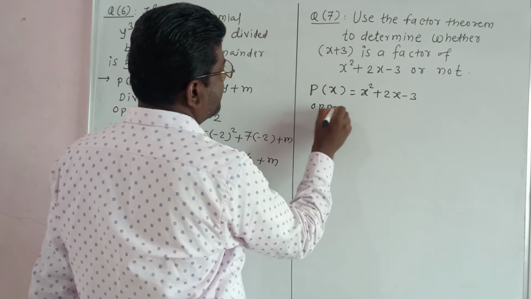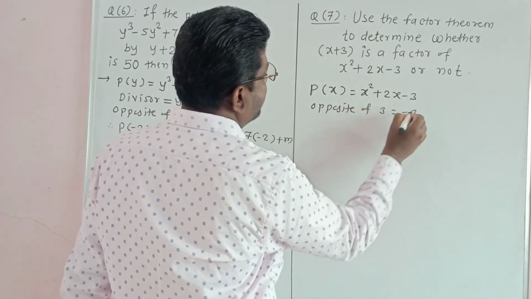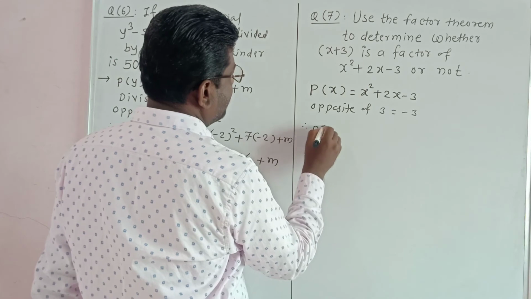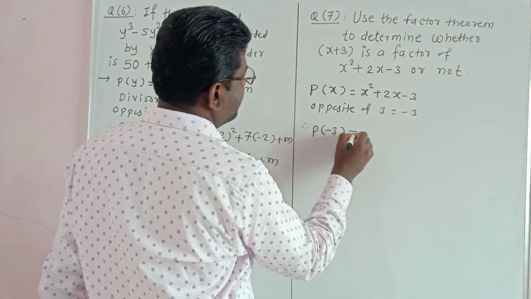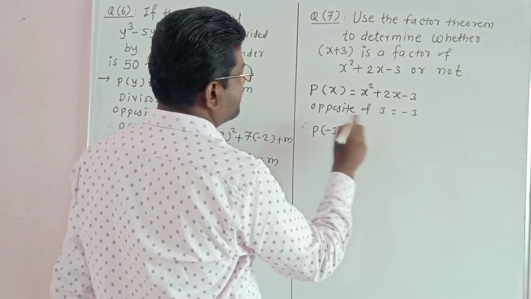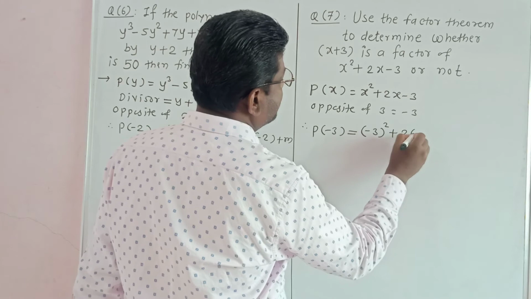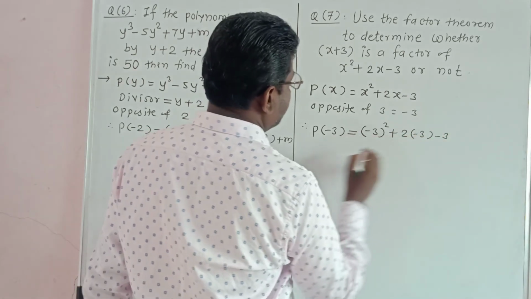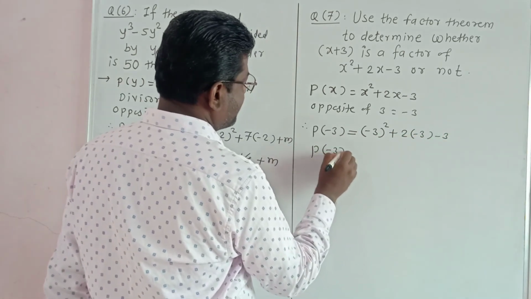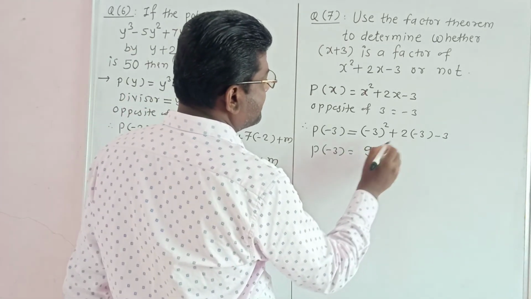Here it is +3, so the opposite of 3 is equal to -3. So we find the value of the polynomial at x = -3. Therefore put x = -3. So (-3)² + 2 × (-3) - 3. p(-3) = (-3)² is 9.